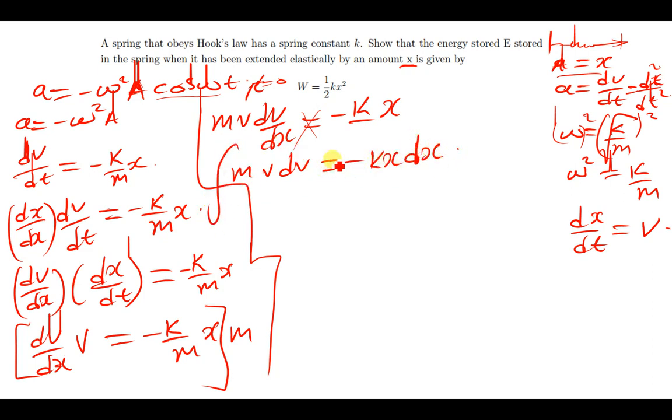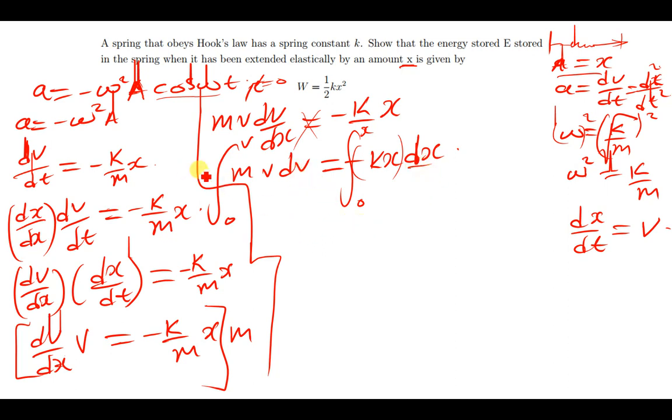When you do the integration on both sides, this side the upper limit will be v, since we are integrating with respect to v, and the lower limit will be 0. Here the lower limit will be 0 and the upper limit will be x, because we are integrating with respect to x.